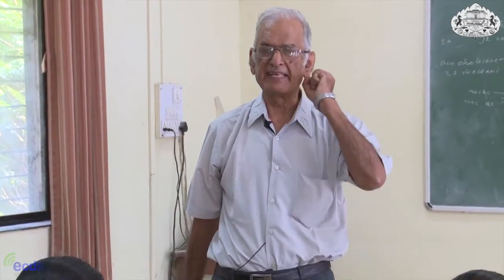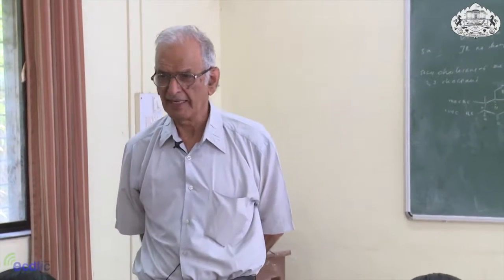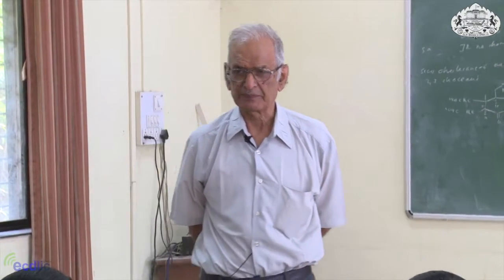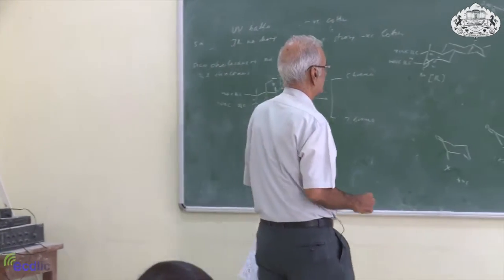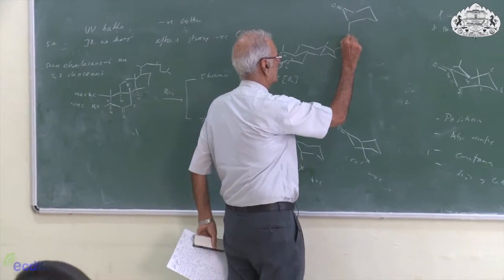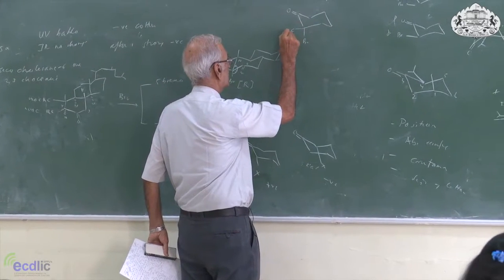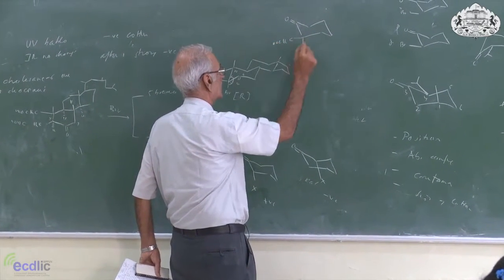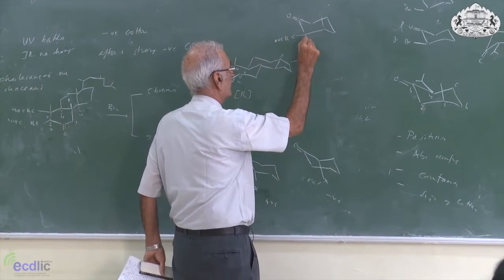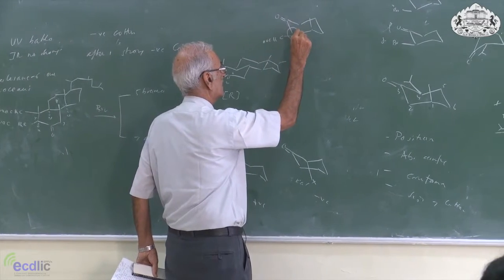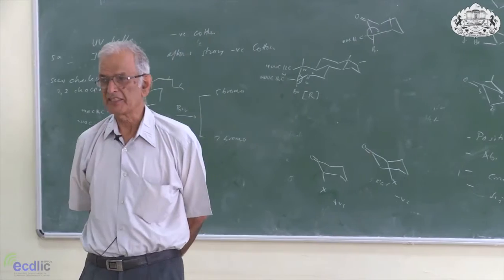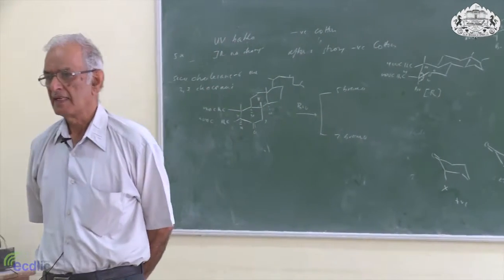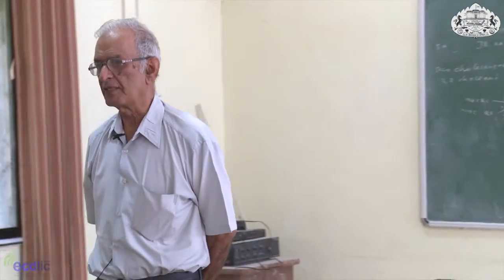One answer is write it somewhere and check it out. So we write it: first, second, third. What's the direction? Direction is clockwise. Last substituent is above, so this is S.